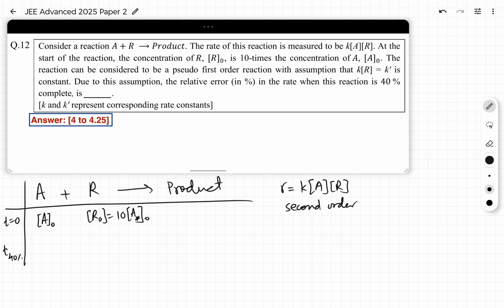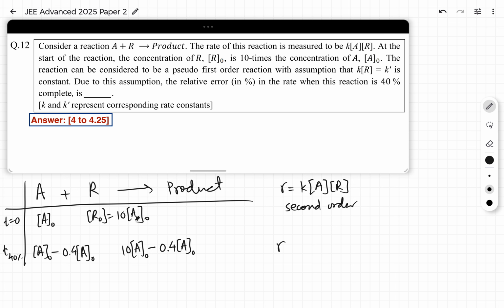So A minus 40% of the initial concentration, and because of the stoichiometry of the reaction, 1:1 ratio is how A and R react. So 10 A naught minus 0.4 A naught. This will be the concentration of R.